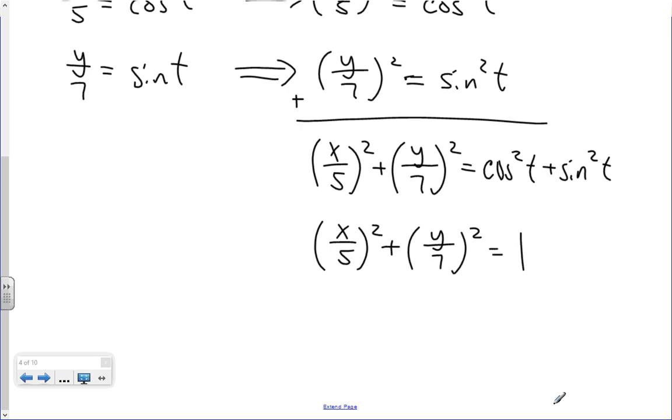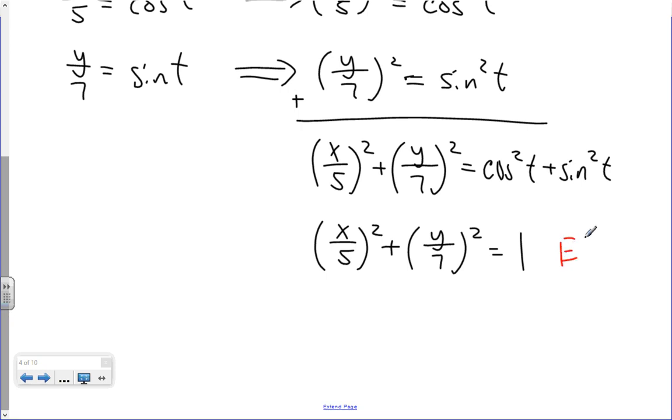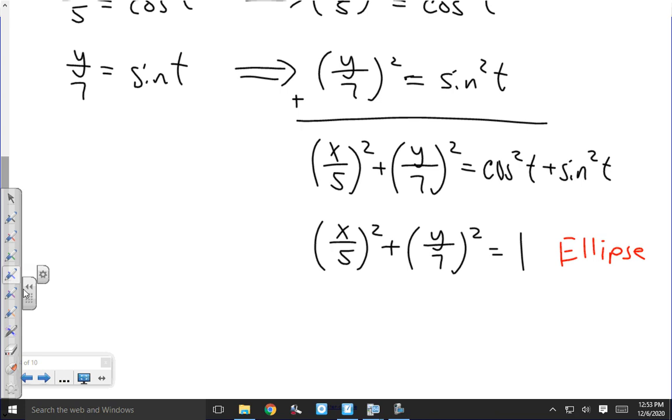That right there is the equation of an ellipse. We'll come back and study this more when we get into the chapter on conics, but this is the equation of an ellipse. And it comes from the equation of a circle. You might recognize the equation of a circle. I'll put that over here on this side.